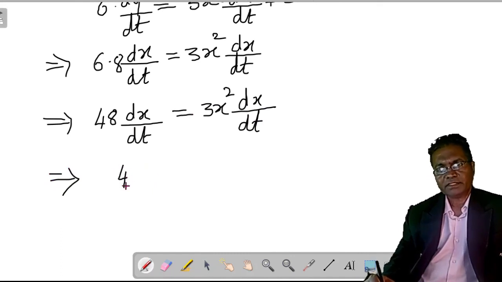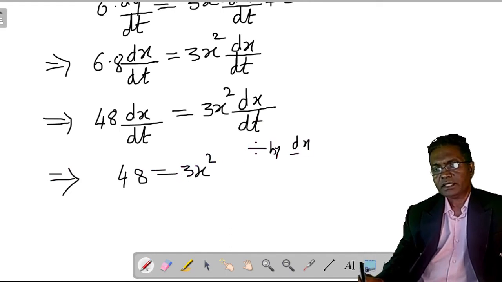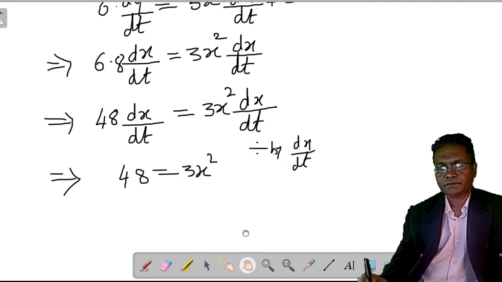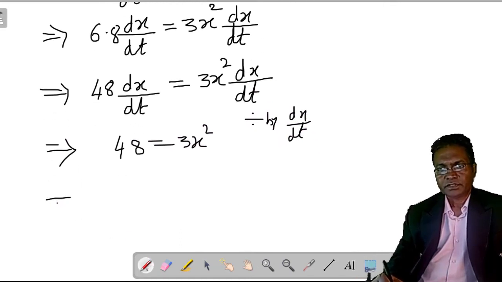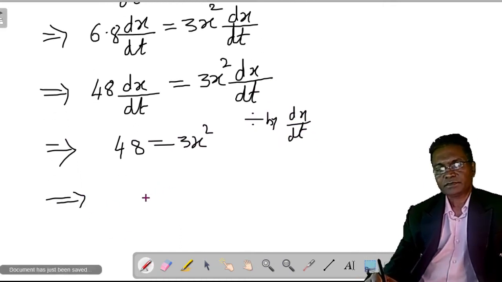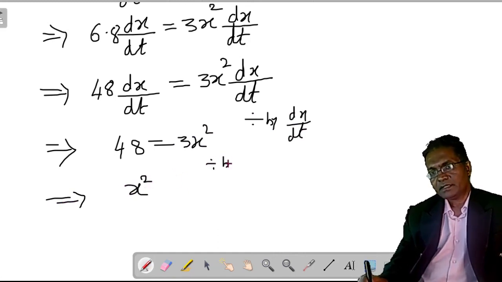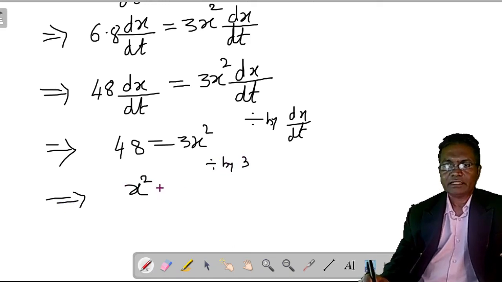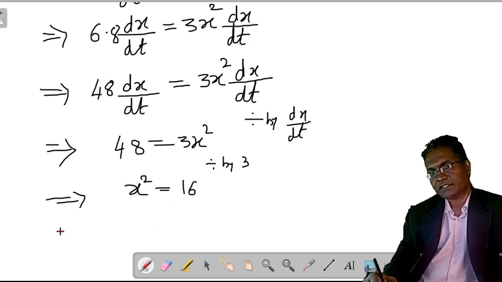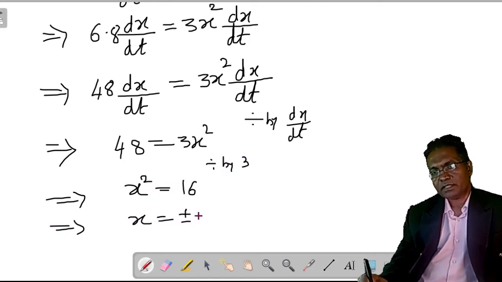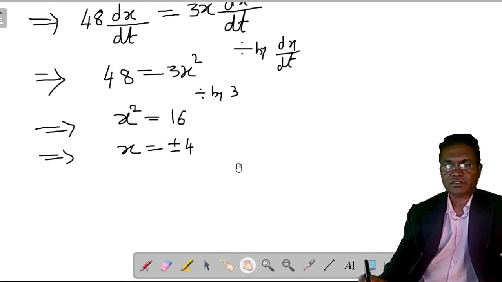So this implies 48 equal to 3x square, because divide by dx by dt as it is non-zero. So this implies divide by 3, you will get x square is equal to 16. So x is equals to plus or minus 4 you will get. Square root of 16 is plus or minus 4.